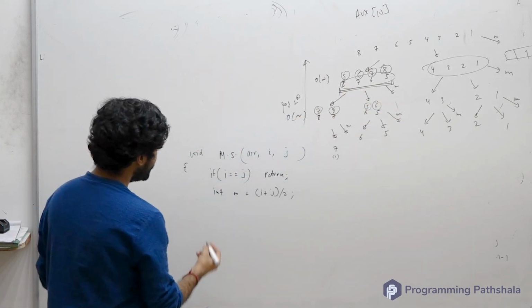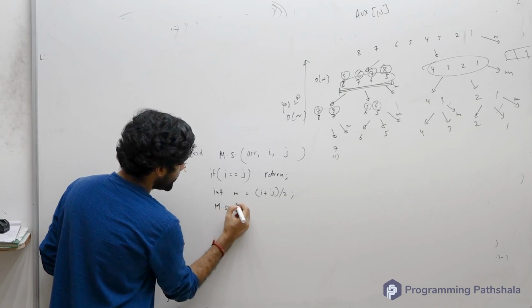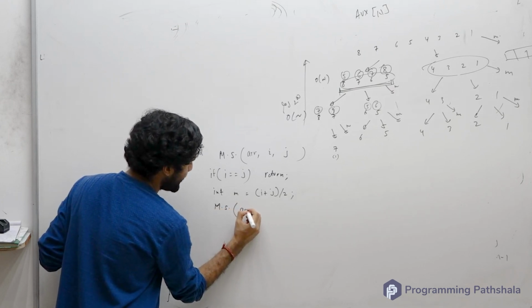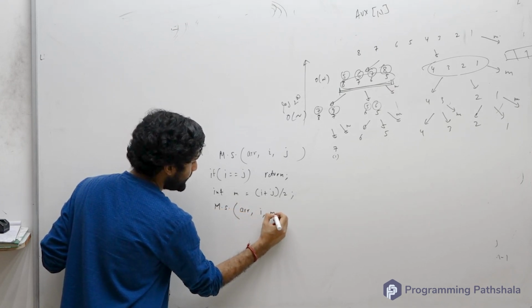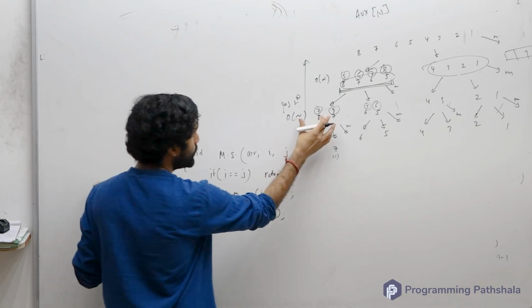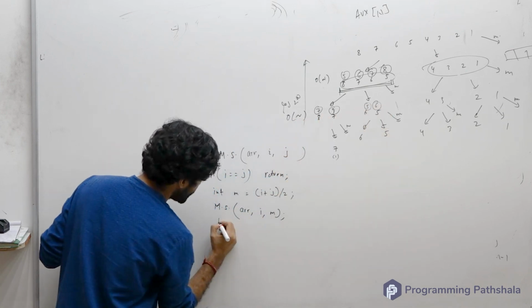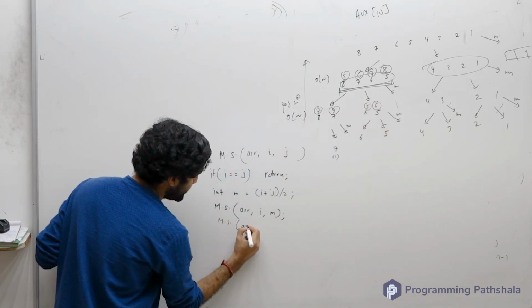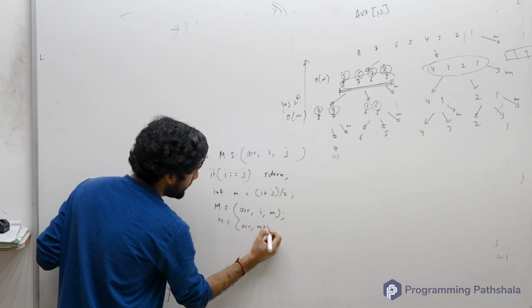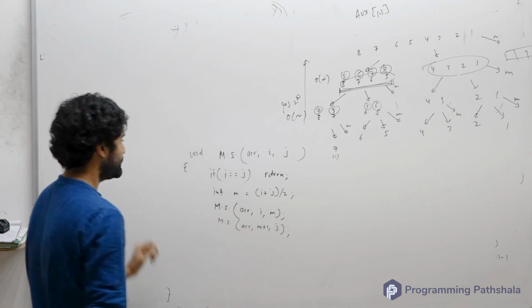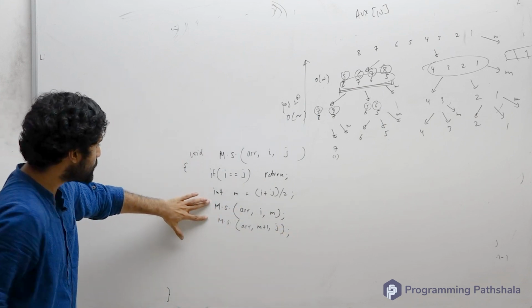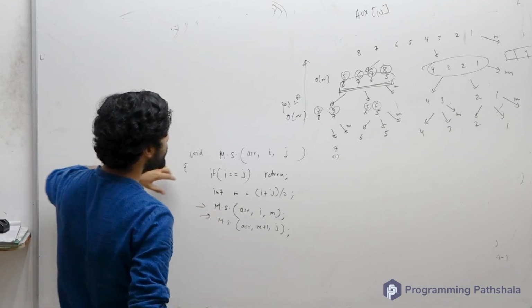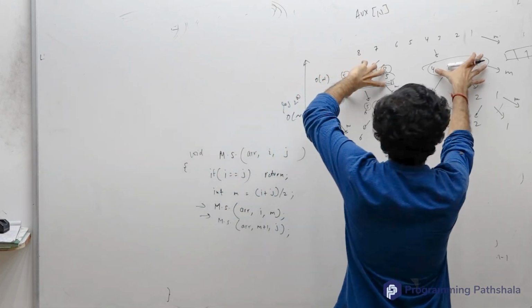So you would want to invoke merge sort for your left part, which is from index i to m, and you also want to invoke merge sort for your right part, which is from m plus 1 to j, right?